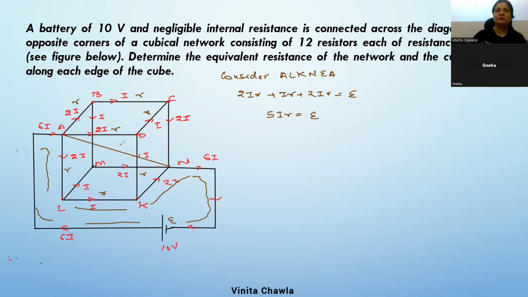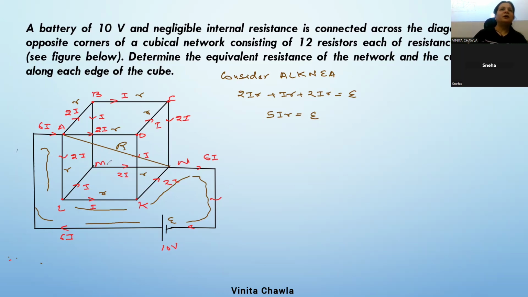We are finding the equivalent resistance across two diagonally opposite ends of the cube, and the diagonally opposite ends are A and N. So we assume the equivalent resistance is capital R, and the current flowing in the circuit is 6I.